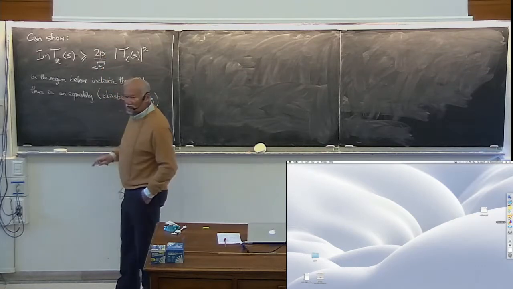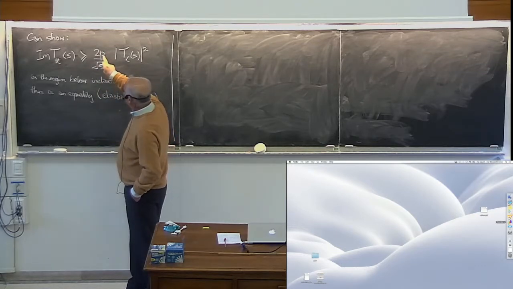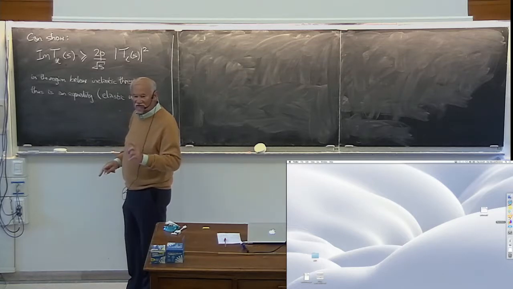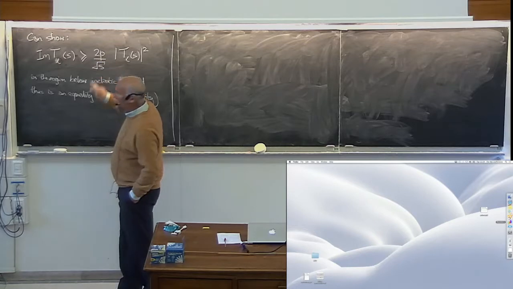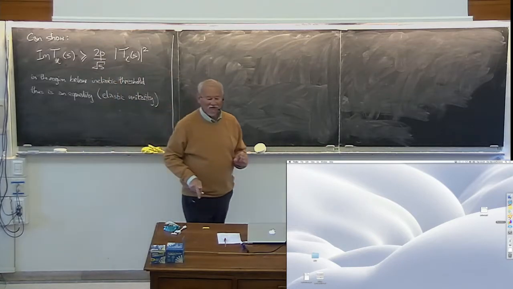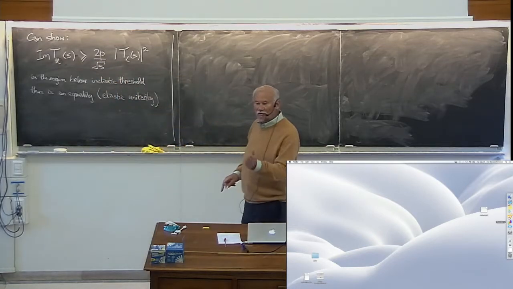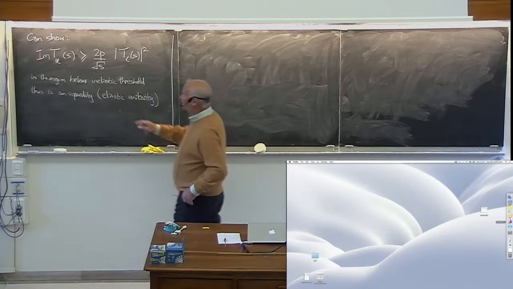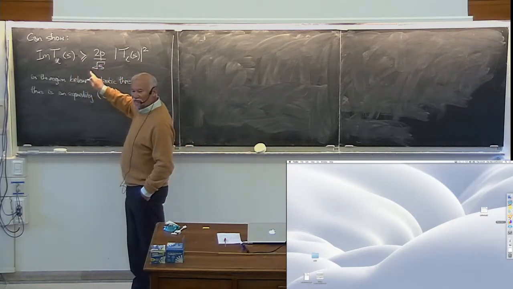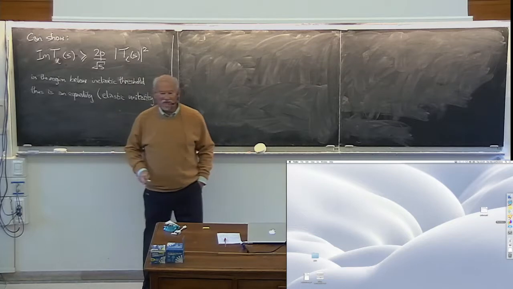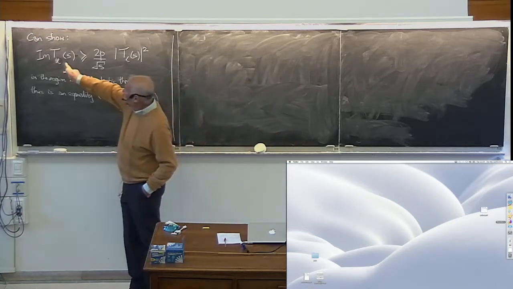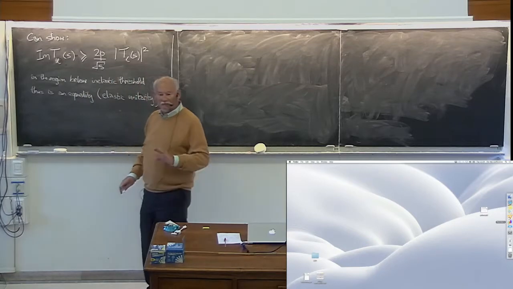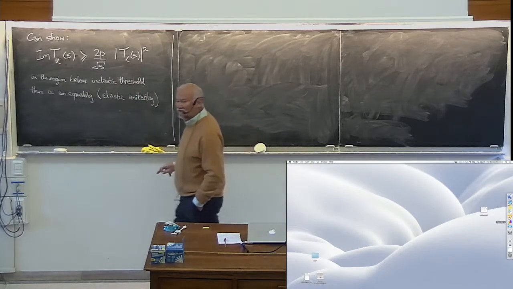This is a threshold factor which says P is the center of mass momentum. So it says the imaginary part is related to the 3 momentum. So below the threshold, there is no imaginary part. And above the threshold, there is an imaginary part. And that tells you something about the analytic structure of these functions. And we'll come to that. But let's do the simple bit first.